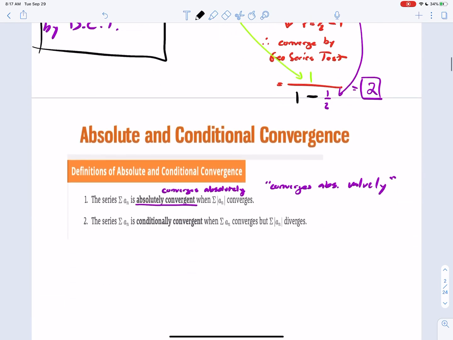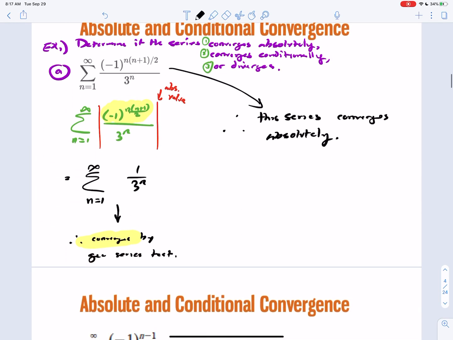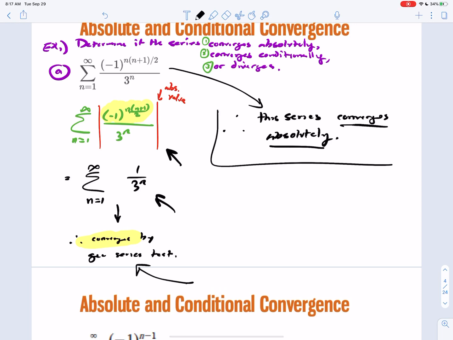Okay, but you don't have to use the direct comparison test to reinvent the wheel every single time, okay? So if you take the absolute value, and then if the new series converges, then you could just say that it converges absolutely. We were able to justify it here. That's basically it.